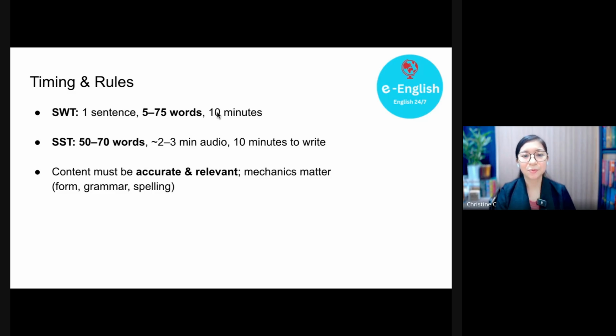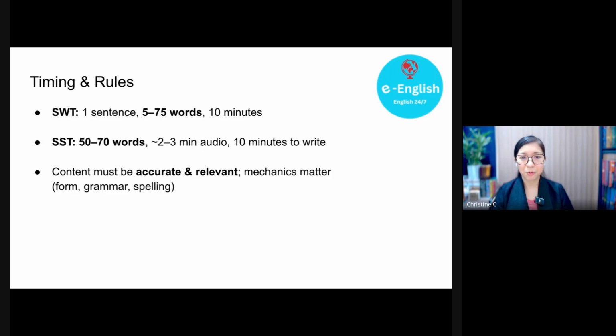So for the summarized written text, you're supposed to write one sentence between 5 to 75 words in 10 minutes. So I believe 10 minutes, yeah, you have to use up the 10 minutes for reading and finding the core message, adding some key points, and then summarizing everything into one sentence.